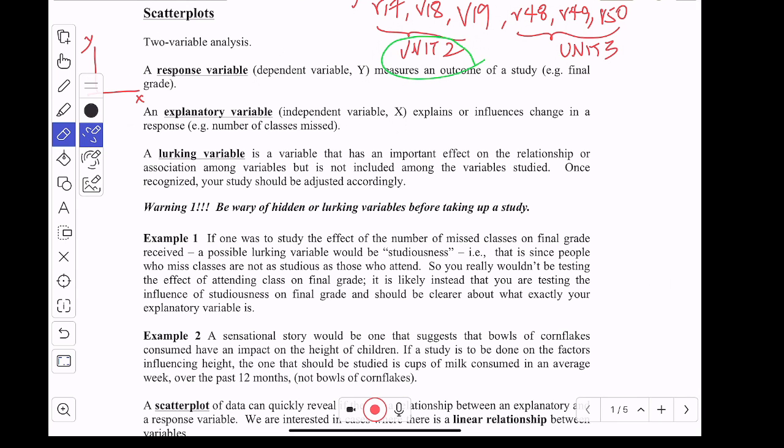What is the relationship between missed classes and final grade? What do we hypothesize in advance? The more classes a student misses, the lower their final grade. So that might be a hypothesis.